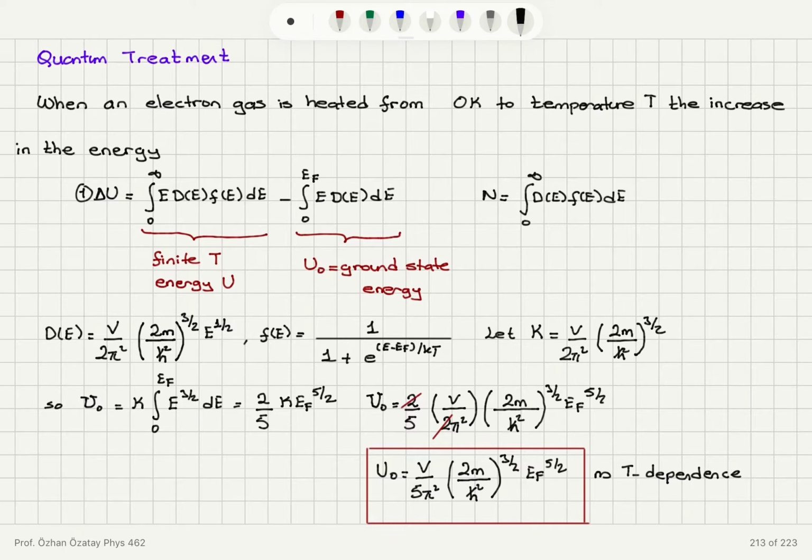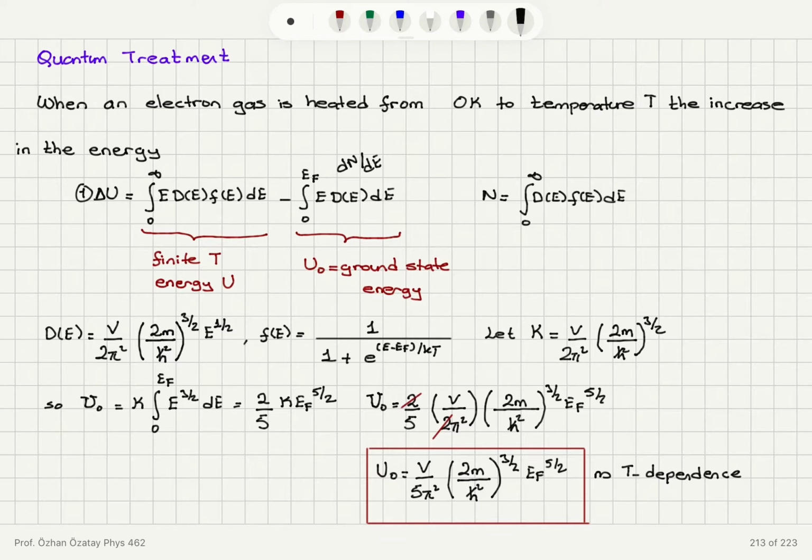So we are looking at the change in the number of electrons with energy, dN/dE times dE, which gives us the number of electrons having the energy E. So we integrate over all possible energies from 0 to E Fermi. That gives us the total ground state energy of the system that has capital N electrons.